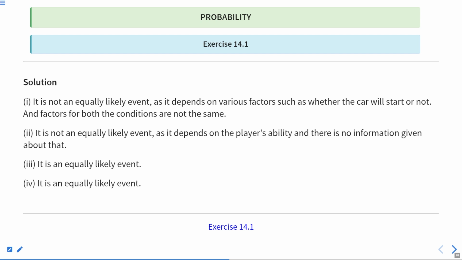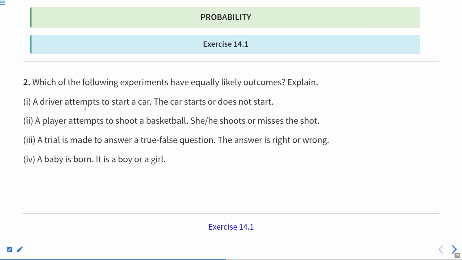The factors for both conditions, the car starting or not, are not the same. So this experiment, a driver attempts to start a car, the car starts or does not start, does not have equally likely outcomes.